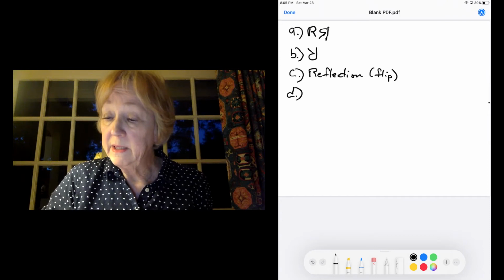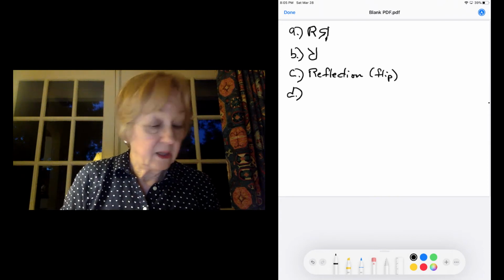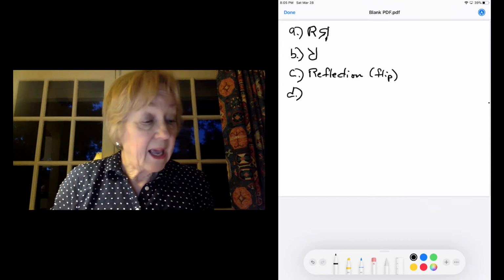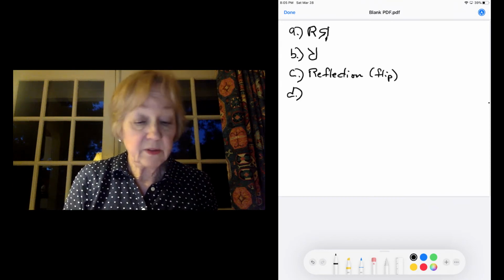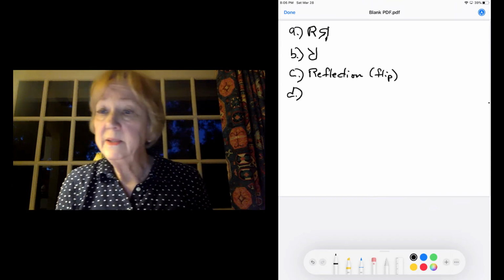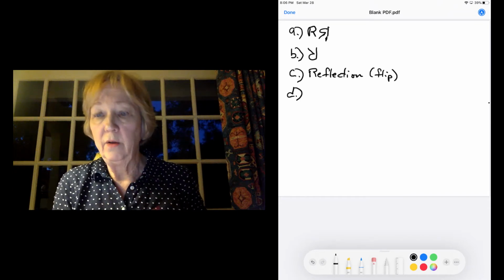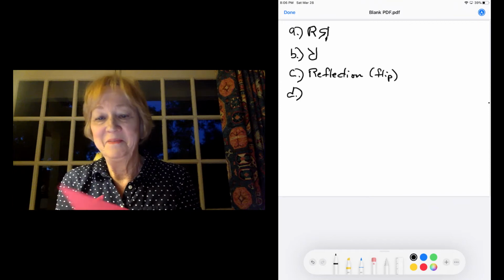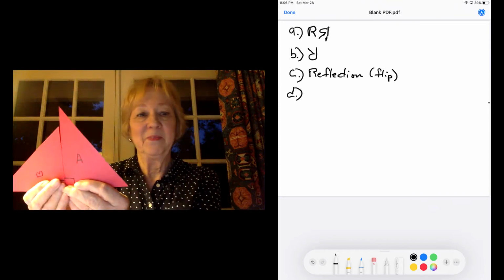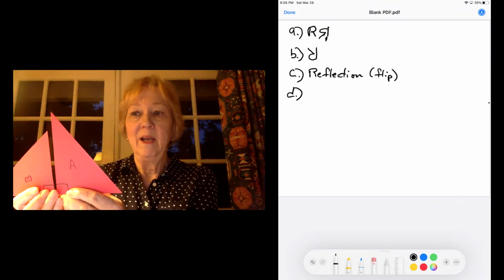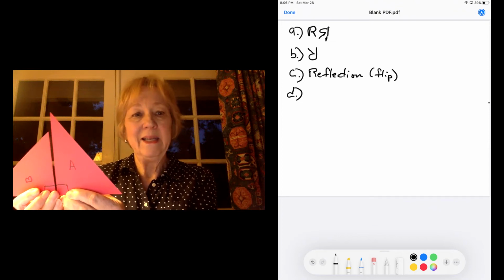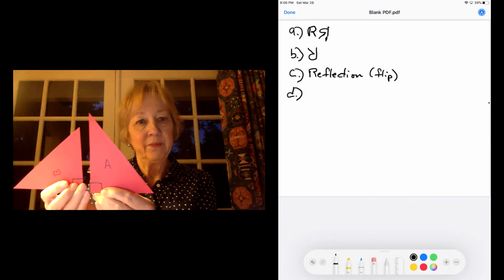Okay, let's look at D. D tells us that we have A and B at angles like this. I want to be sure I put them the way they are for you, because it's all backwards for me. Okay, like this, A and B. So what is a way that we could get these on top of each other?